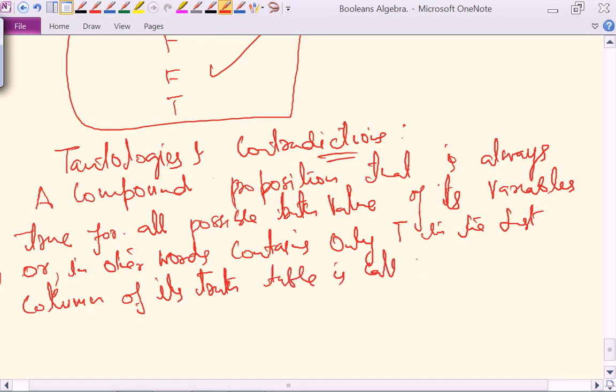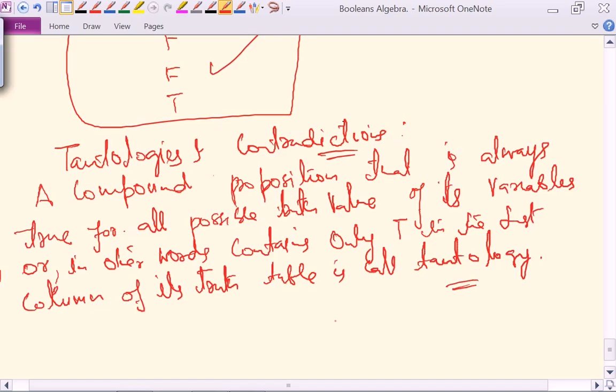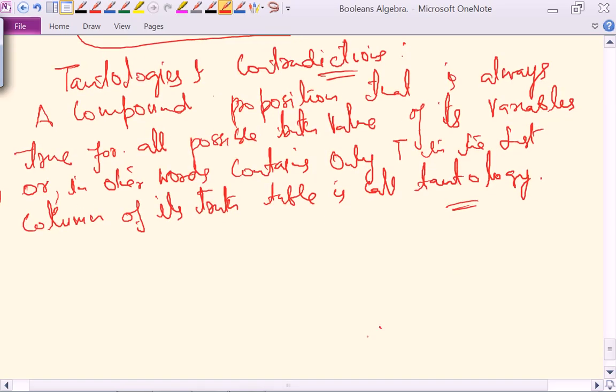Tautology. So a tautology is something which has T in the last column, right? So remember that.